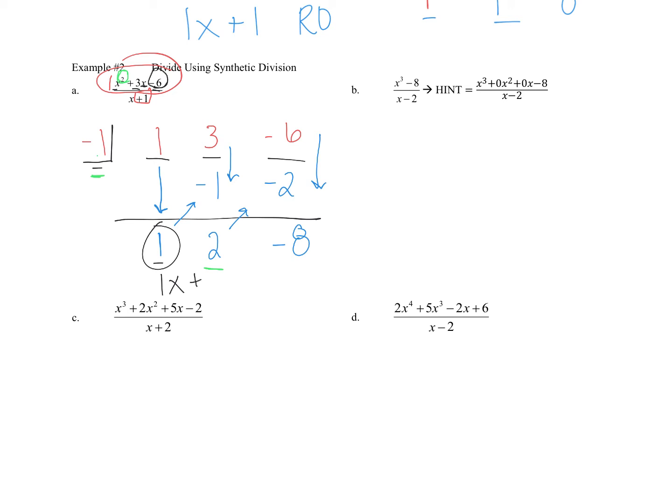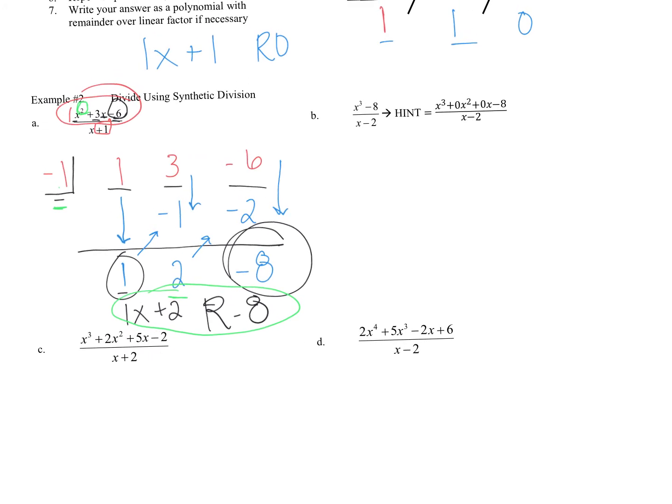So in this case, it's plus 2. Now here, we can't go any farther. This last number is always your remainder, okay? So you have a remainder of -8. And this would be your answer. So x plus 2 with a remainder of -8.